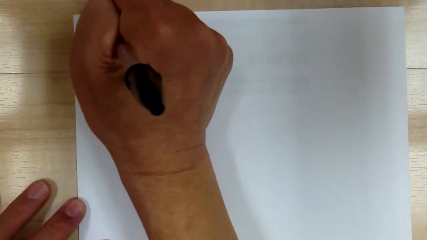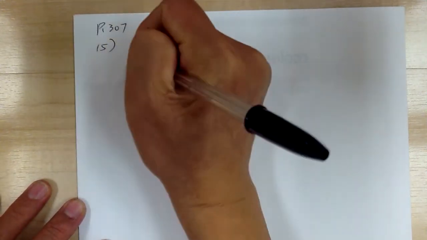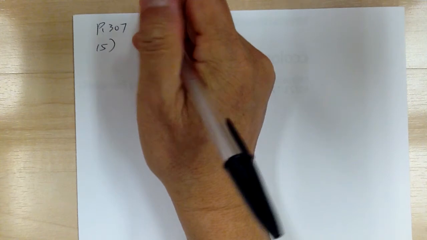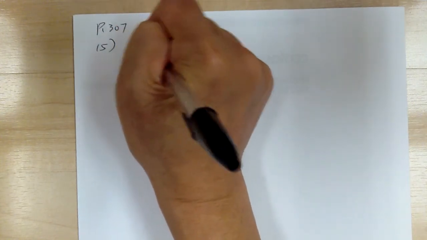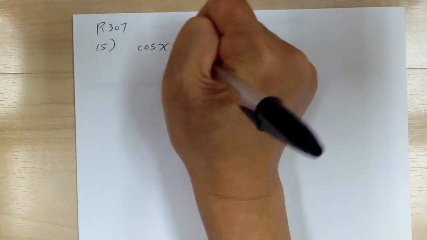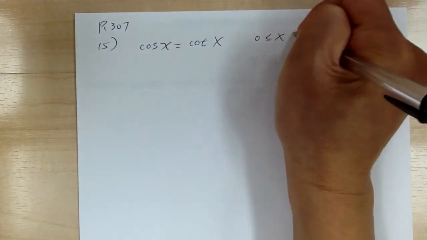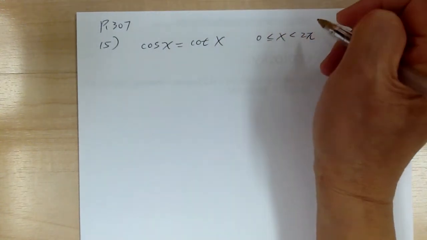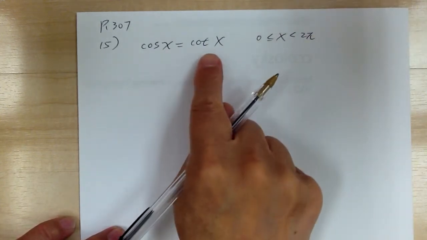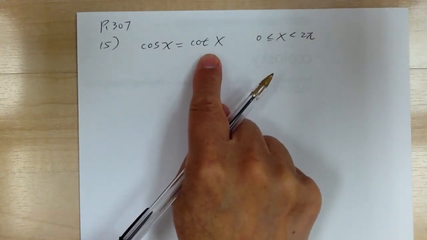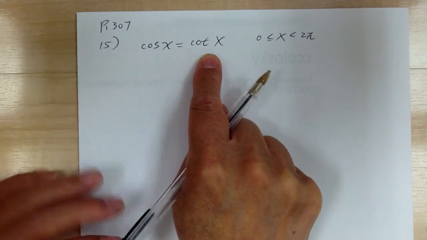Okay, let's go to number 15. You've got cosine x equal to cotangent of x, and this is between 0 and 2 pi. Whenever you deal with a secondary function, if you don't know what to do, the best thing to do is convert everything into sine and cosine.